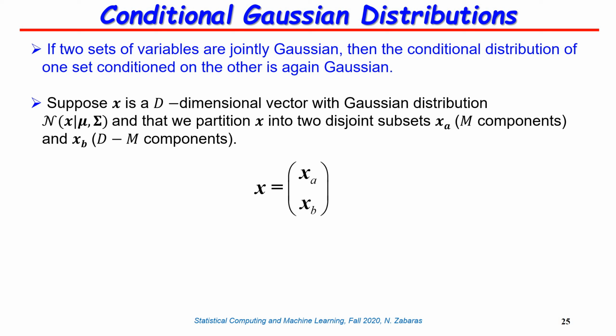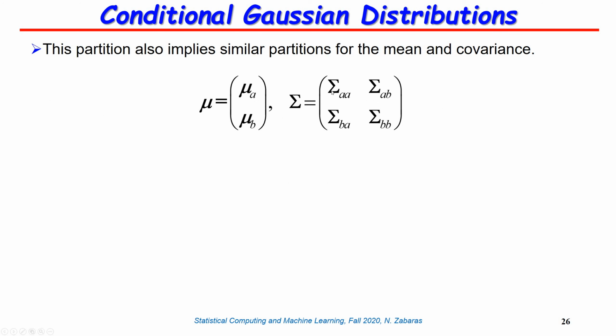Obviously, if we partition x like this, it will imply a related partition on the mean and a related partition on the covariance matrix. So these are the submatrices defined by the partition of x.